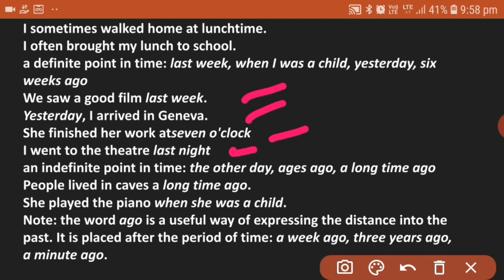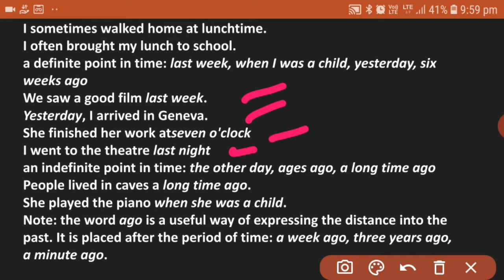Here, one thing you can observe: in all these sentences, there is the description of past time. It means a task which has happened in the past, and at present there is no trace of that action.